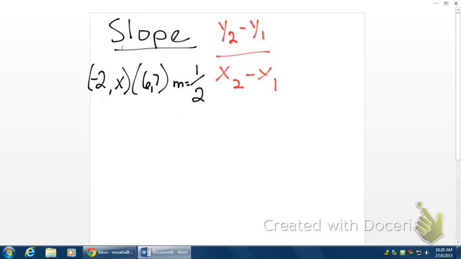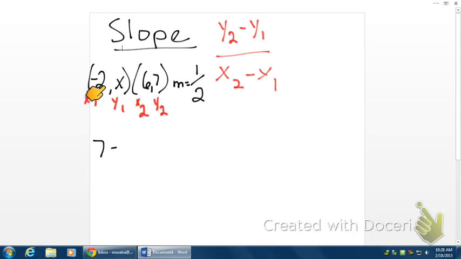So if you need to go through and label, this is my first x. This is my first y. This is my second x that I see. And this is the second y that I see. Now we're going to plug it in our formula. For y2, what do I have? I have a 7.